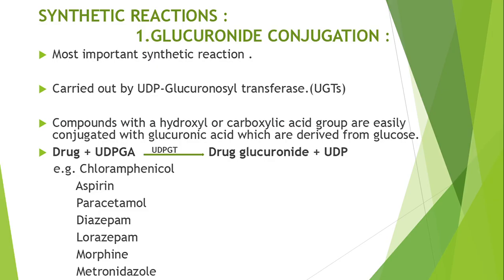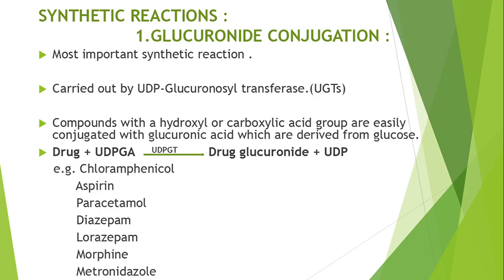Compounds with a hydroxyl or carboxylic acid group are easily conjugated with glucuronic acid, which is derived from glucose. Drug plus UDPGA, in the presence of UDPGT, is converted to drug glucuronide plus UDP.